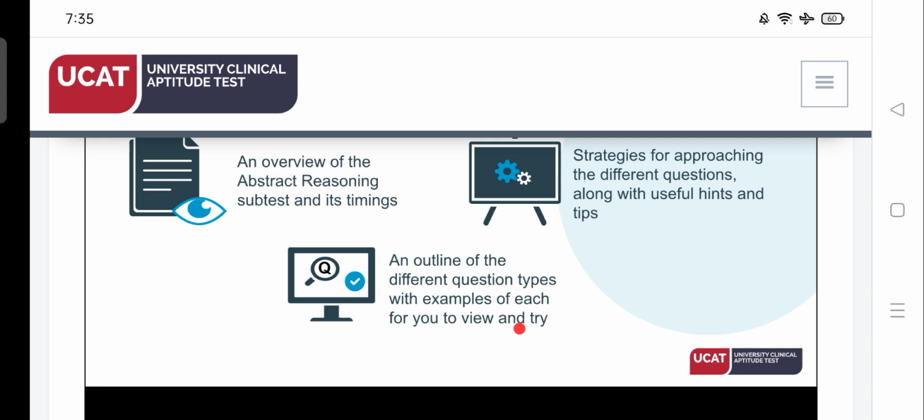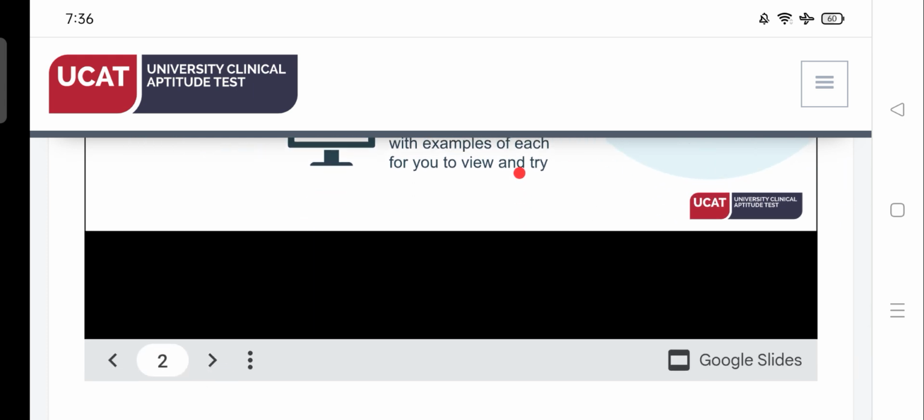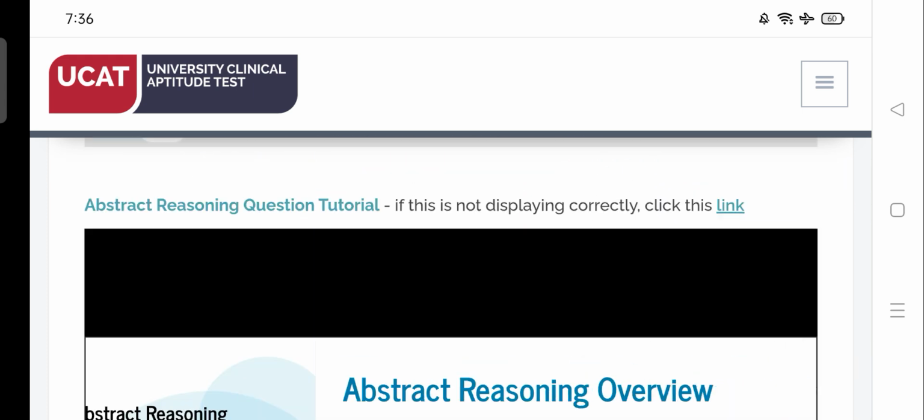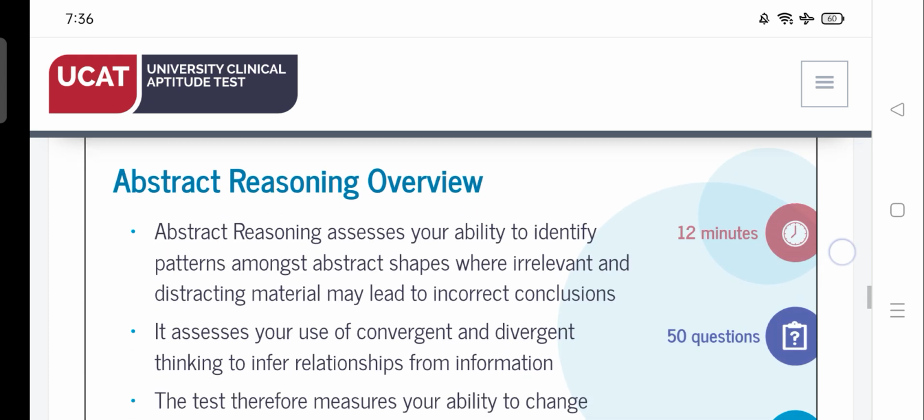So here we are again going to learn about an overview of the abstract reasoning subtest, the timing, the strategies, the tips and hints that we use to solve these problems, and some examples we'll see that how we're going to solve them. So let's start with an overview of abstract reasoning.